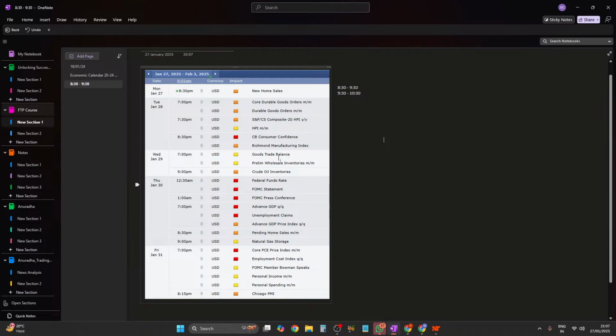Now this 8:30 news is very high impact, the consumer confidence. So if I have to trade, I will not look for a trade between 8 to 8:30. That is the first half hour of the opening range. So I will not be trading in the opening range. I'll wait for this news to be out and then see if I can catch a move.